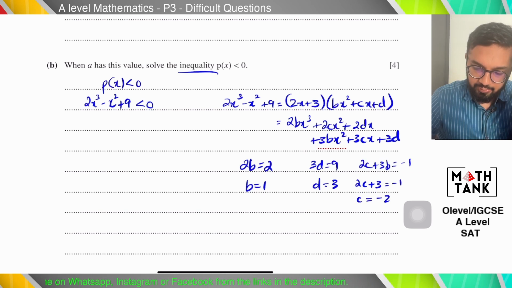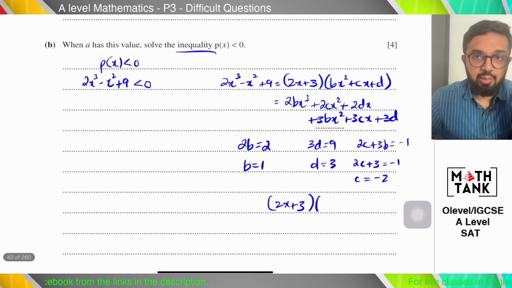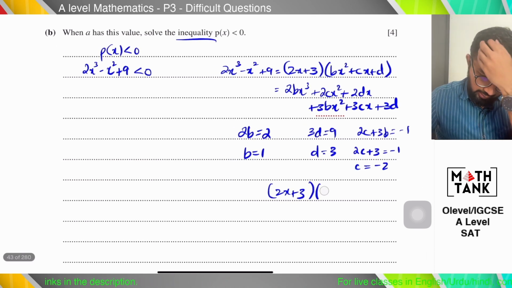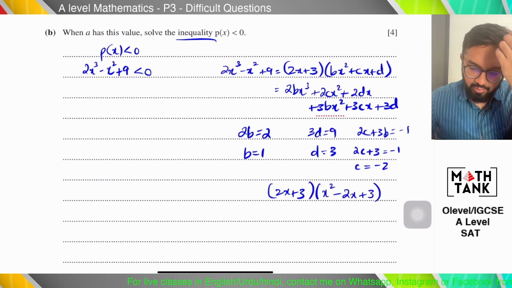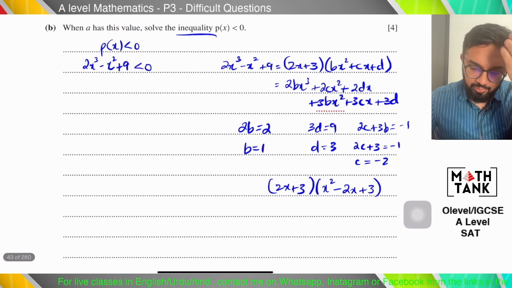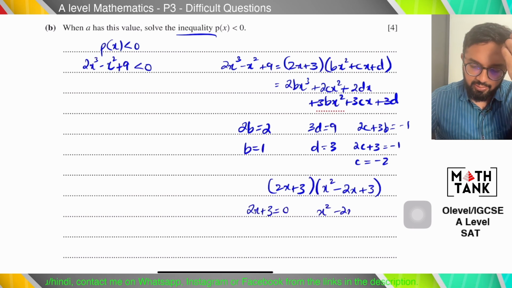C equals to minus 2. So I'm getting 2x plus 3 and x squared minus 2x plus 3. Okay, then taking out the roots, 2x plus 3 equals to 0, or x squared minus 2x plus 3 equals to 0.